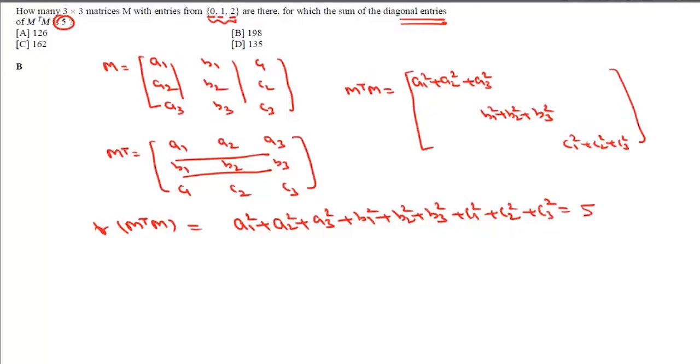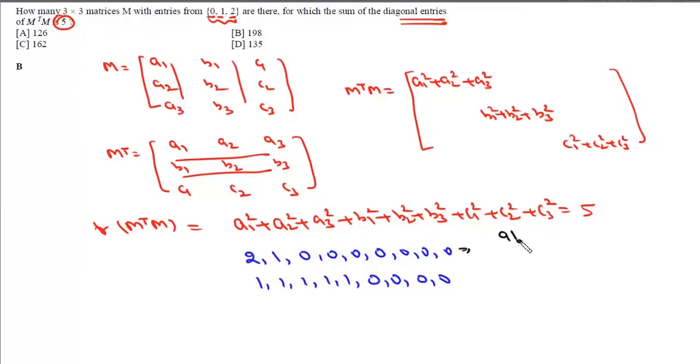Now what are the possibilities of these numbers? One possibility is that one of them is 2, another one is 1, and all the remaining 7 are 0. Then we'll have 2 square plus 1, which is 5. And this sum could also be 5 if we have 5 entries as 1 and the remaining 4 entries as 0. Now in how many ways can we arrange these 9 elements? It can be done in 9 factorial divided by 7 factorial ways, which is 72.